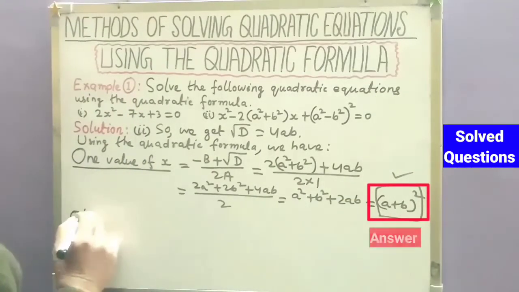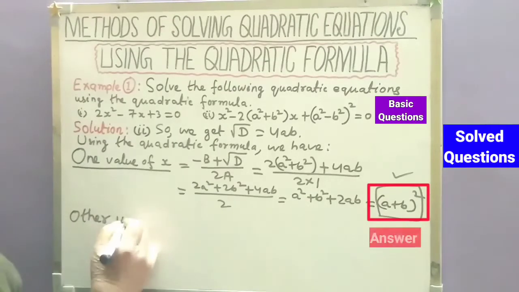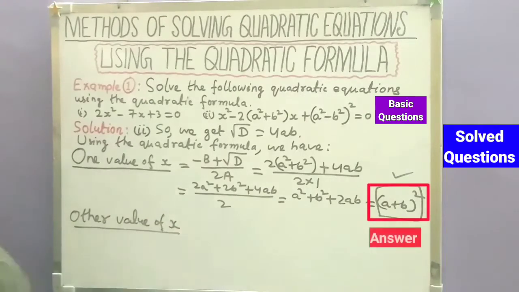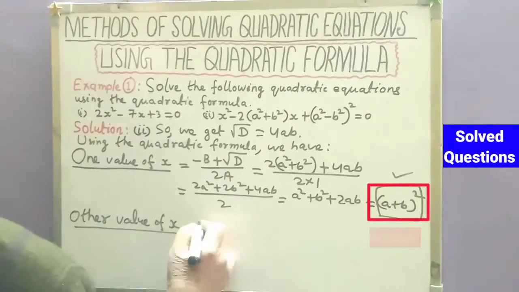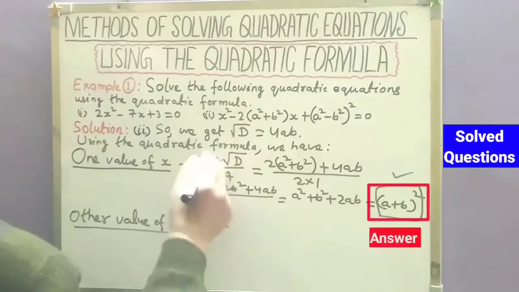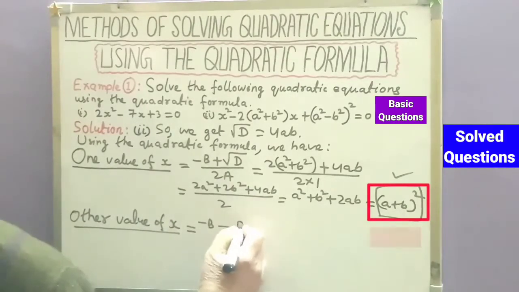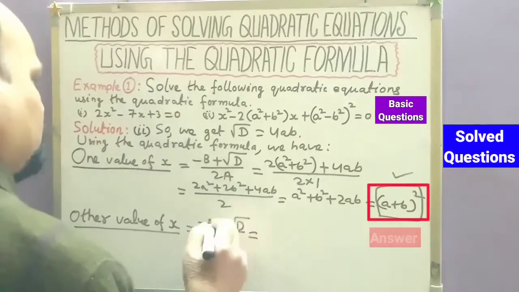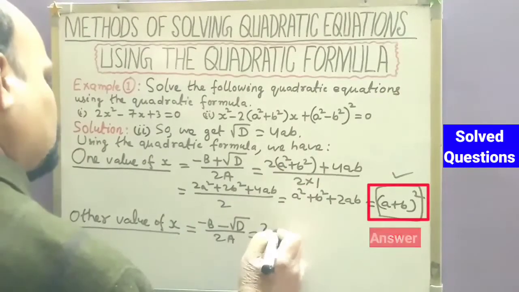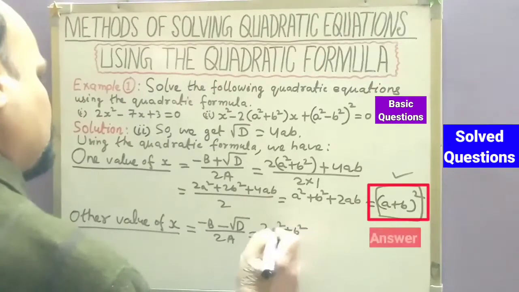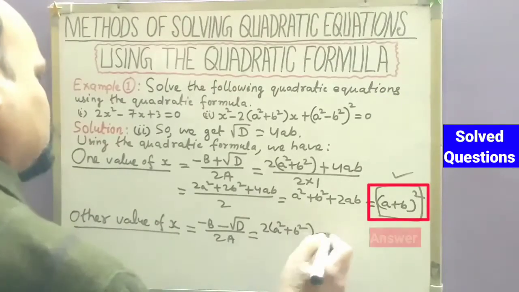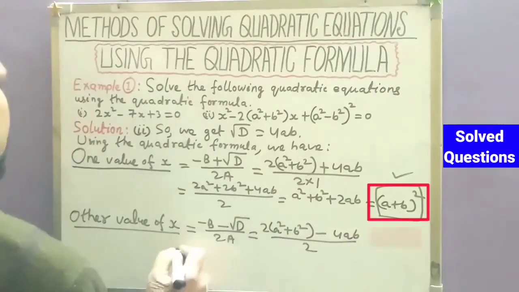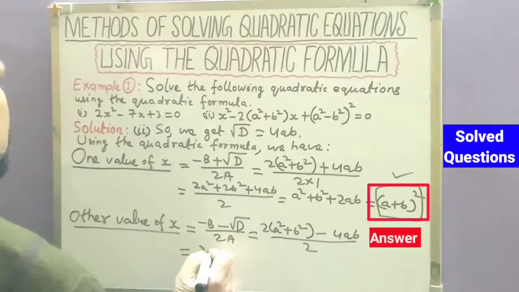So this is the one value of x. Now the other value of x equals (−b − √D)/2a, that equals (2(a² + b²) − 4ab)/2.